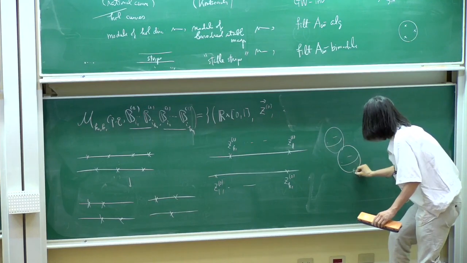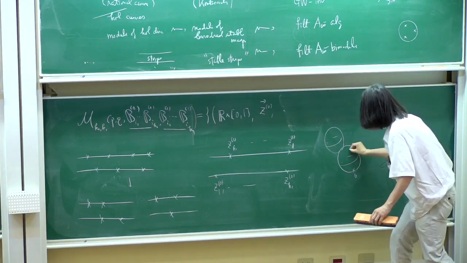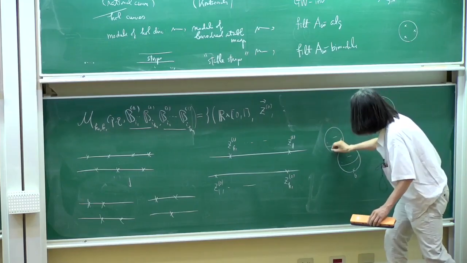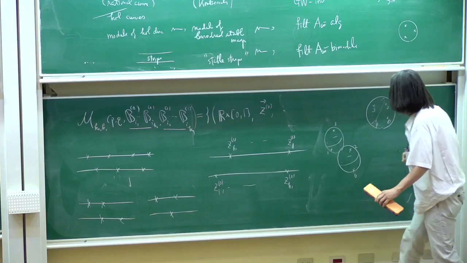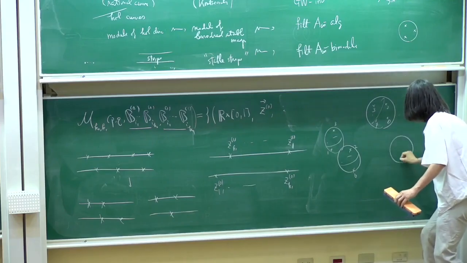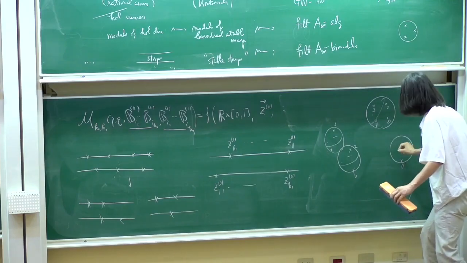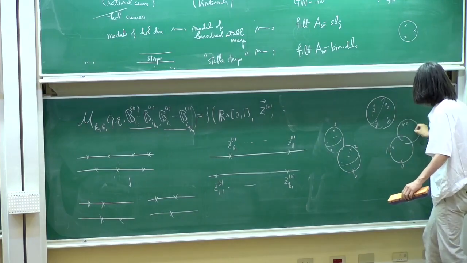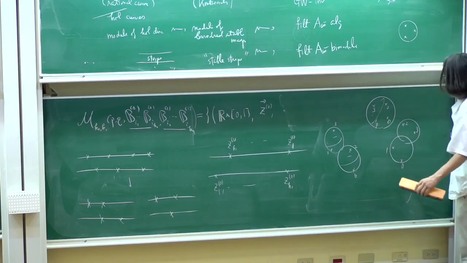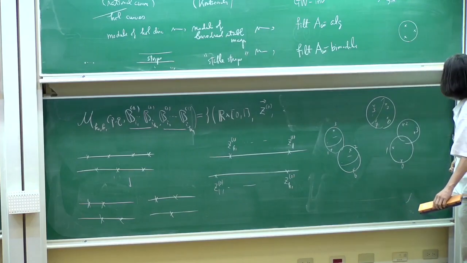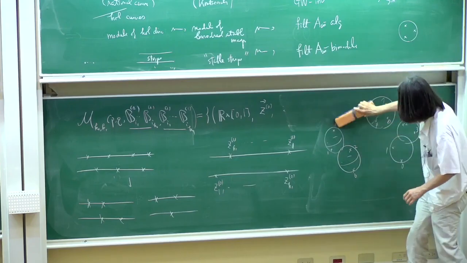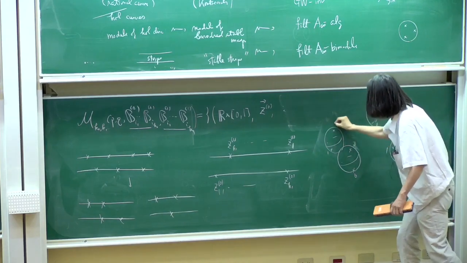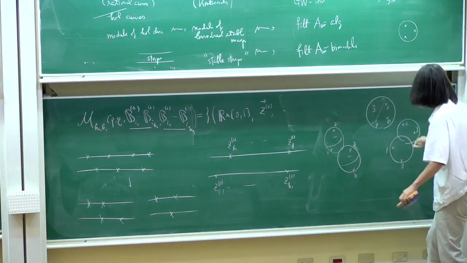Maybe here I have 0, and here I have 2, and here 1 and 3. Or maybe you have 0 here, and 1 here, and then here you have 2 and 3. I should write a different order. Maybe this may be better.